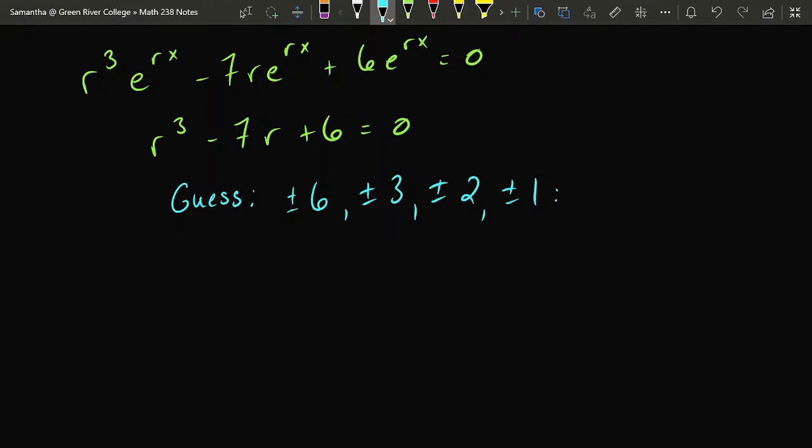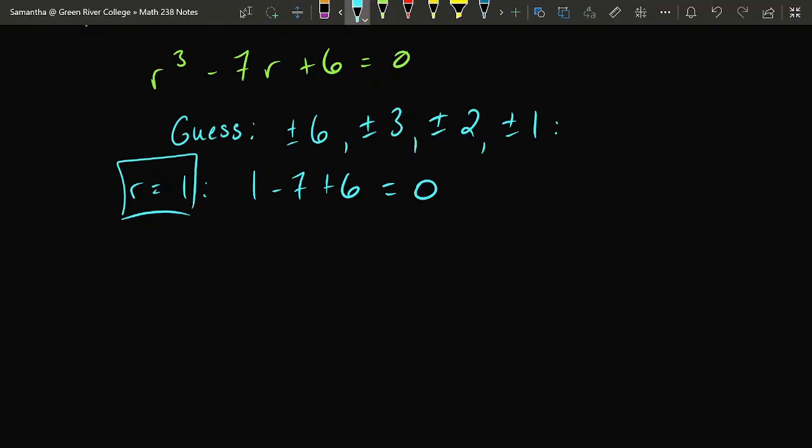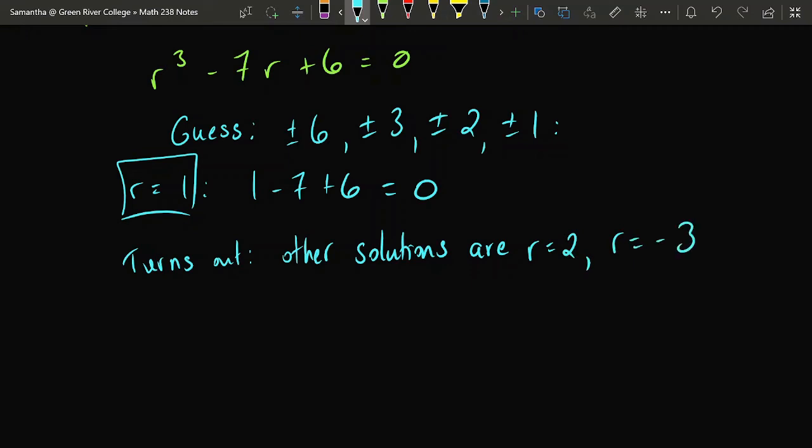We can really just plug them in. r equals 1, for example, if I plug that in, I get 1 minus 7 plus 6, which is equal to 0. And that means that r equals 1 actually is a solution. You can go through the list one by one. That's just arithmetic. So it turns out that the other roots are r equals positive 2 and r equals negative 3.